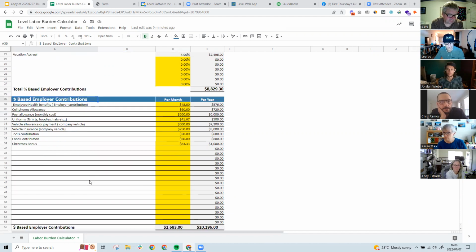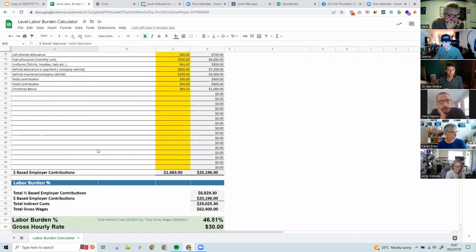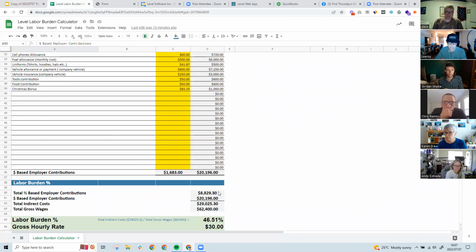Right, so once we have the dollar-based employee contributions, we have everything we need to actually calculate your labor burden. When we come back to this labor burden calculation, we're looking at our indirect costs and dividing it by our gross wages. In this case, our total indirect costs are our total percentage-based employer contributions and our total dollar-based employer contributions.